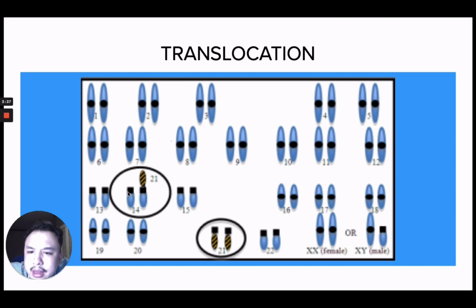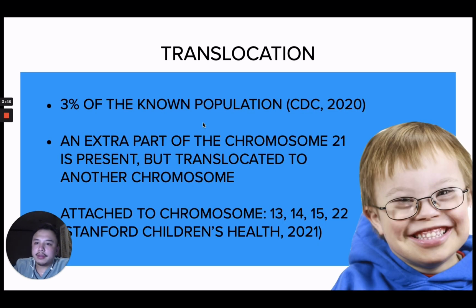So here it is on chromosome 14, and from here we can see that it comprises 3% of the known population. To describe it further, an extra part of the chromosome 21 is present but translocated to another chromosome. It attaches to chromosomes namely 13, 14, 15, and 22. This is according to the Stanford Children's Health website in 2021.